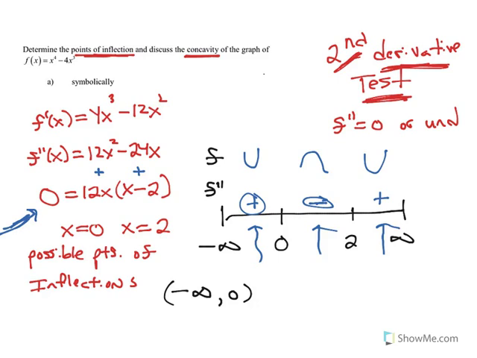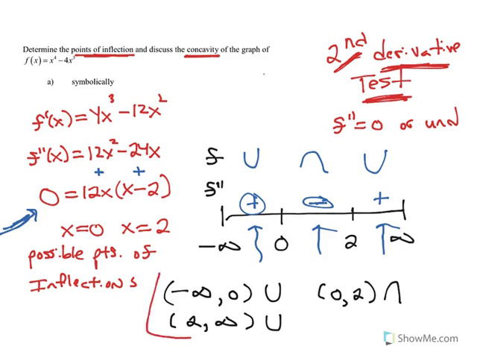So from negative infinity to 0, we said it was concave up. And from 0 to 2, we said it was concave down. And then from 2 to infinity, we said it was concave up. So that would be your final answer.